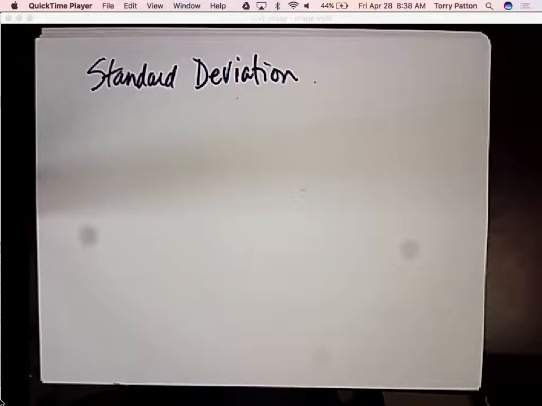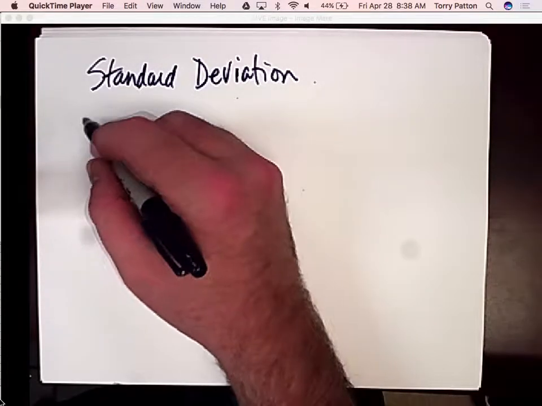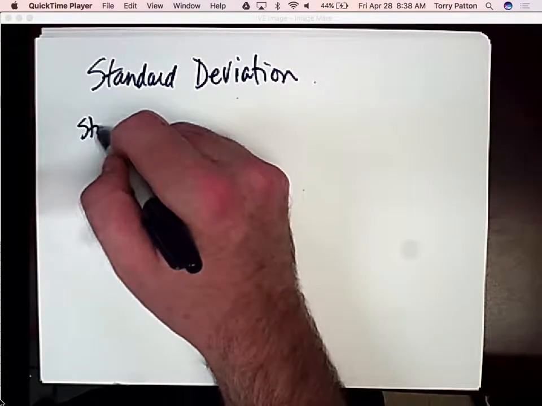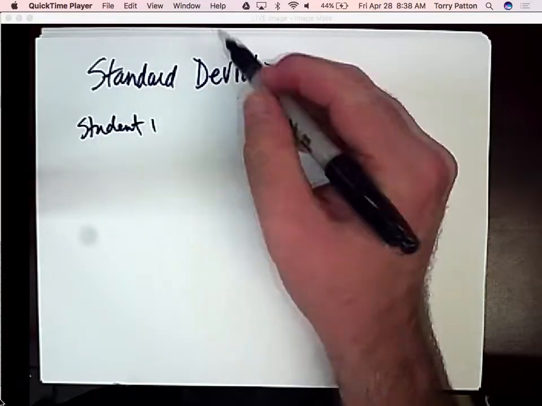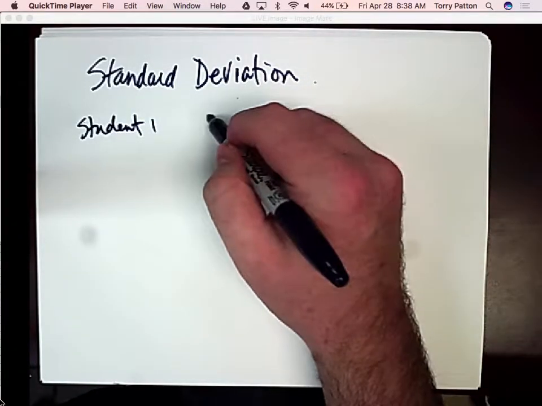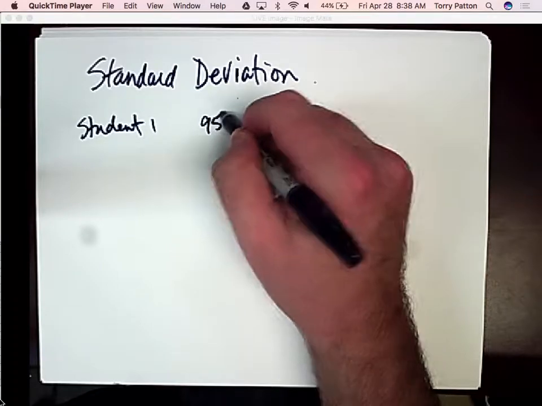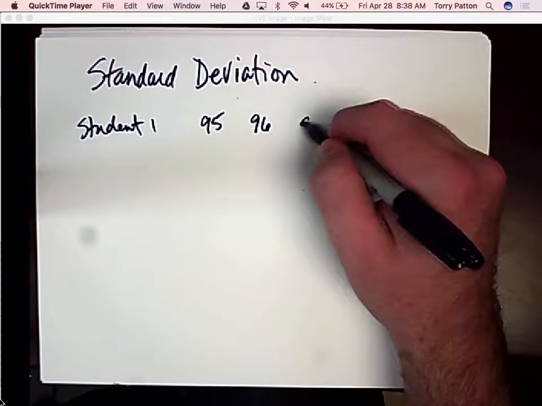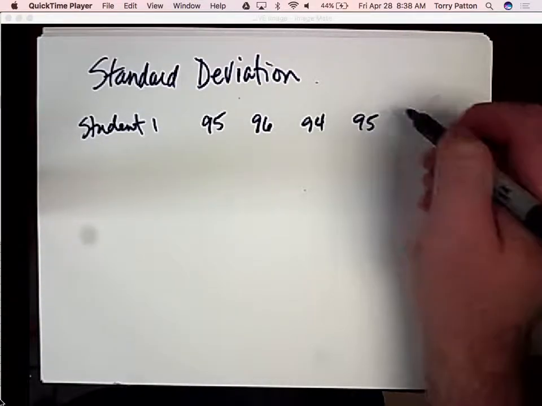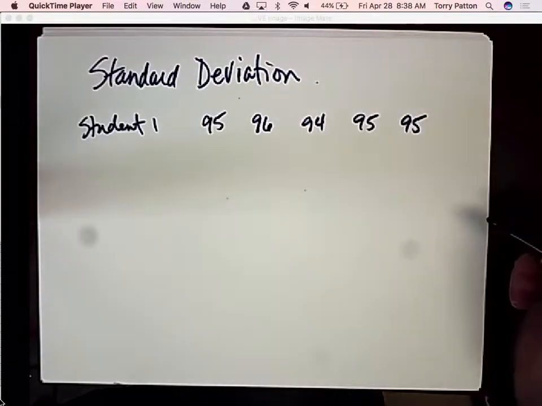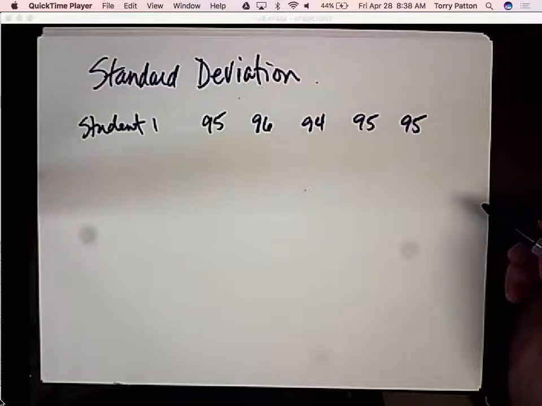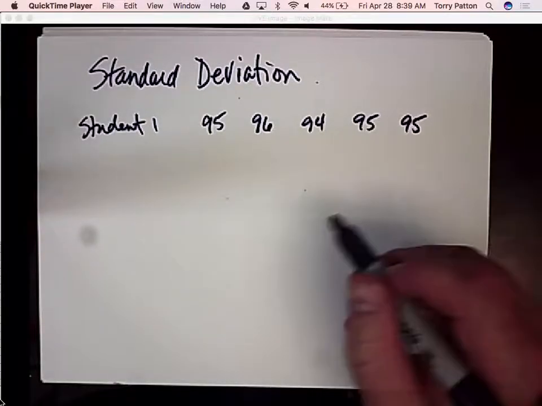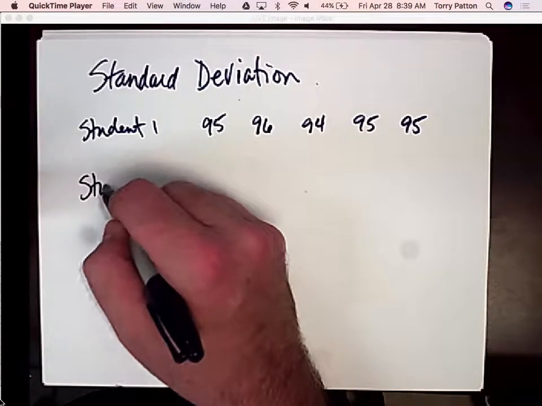So let's say that student 1 made the following grades. Student 2 made the following grades.